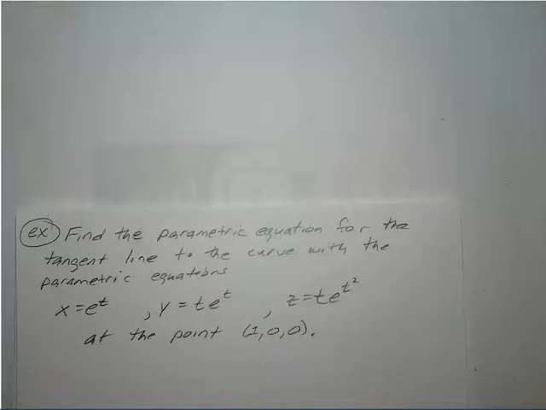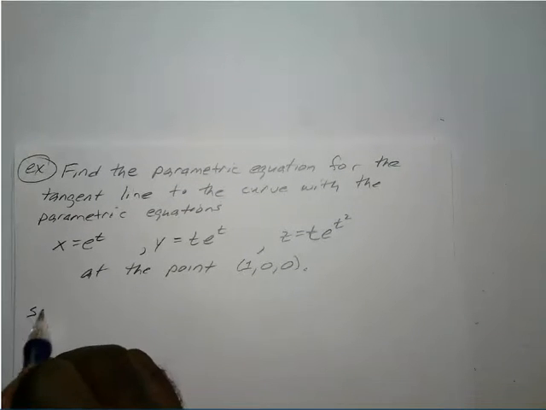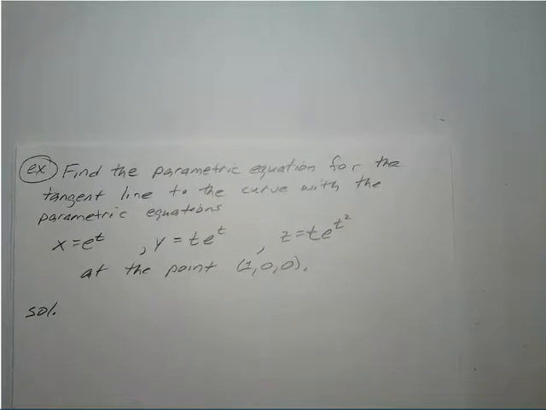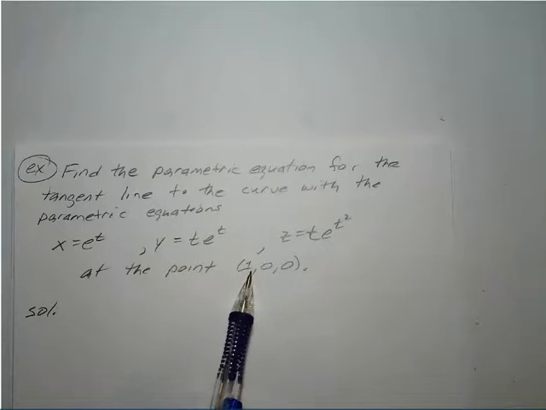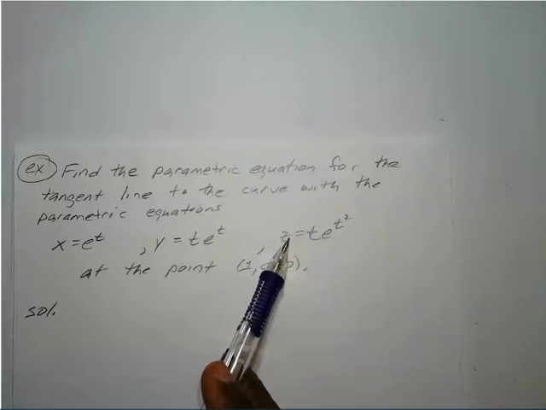All right, so we're going to go ahead and solve this one. Now, the first thing we have to do is find out what t value will make our r of t equal this. So this is your x, your y, and your z.